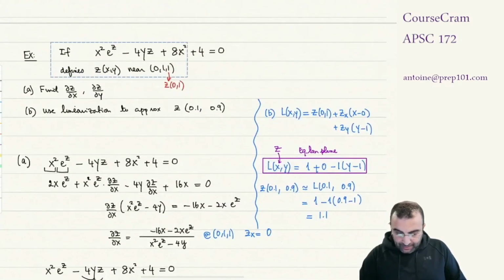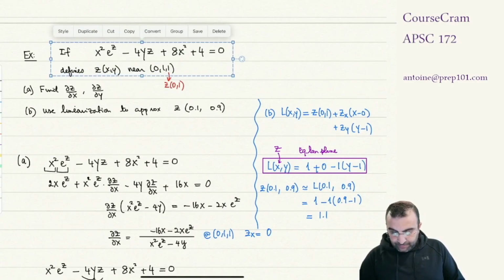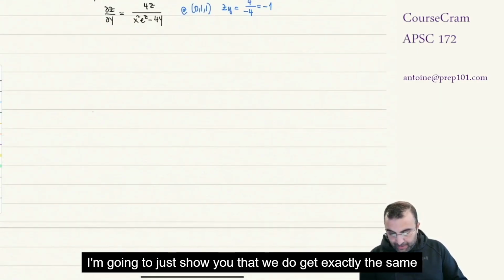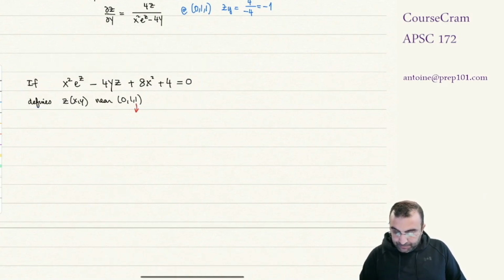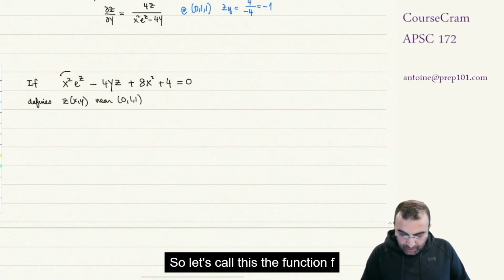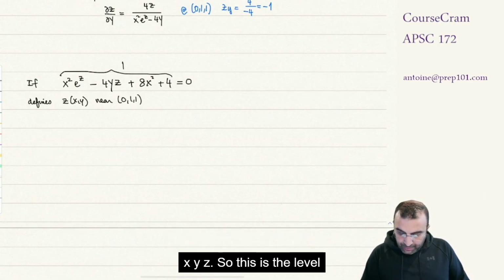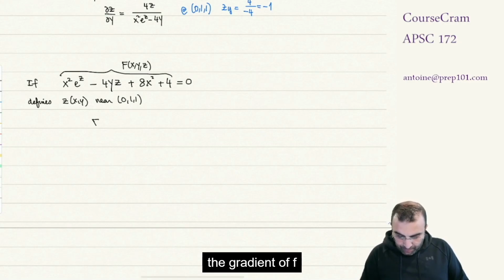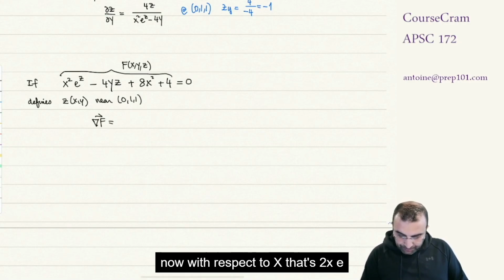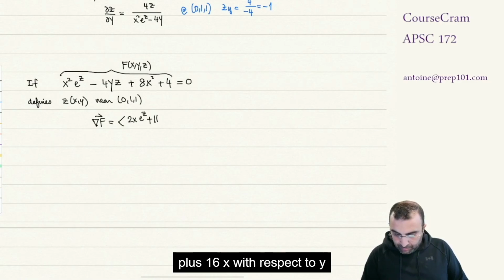I'm going to just show you that we do get exactly the same answer. So let's call this the function f(x,y,z). So this is the level surface. The gradient of f with respect to x is 2x e to the z plus 16x.